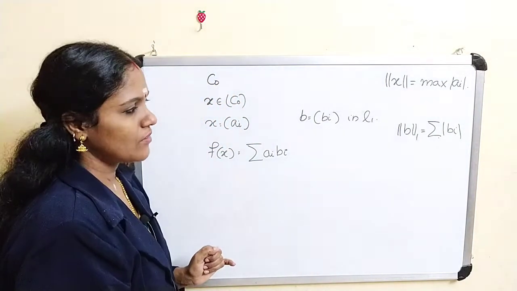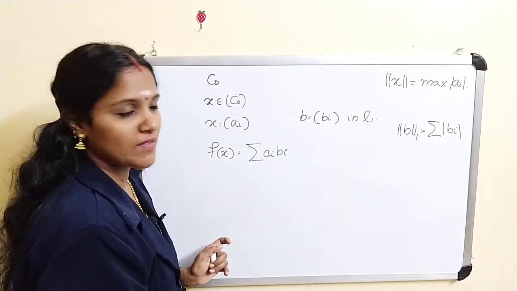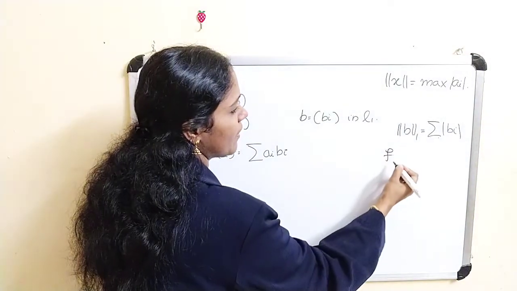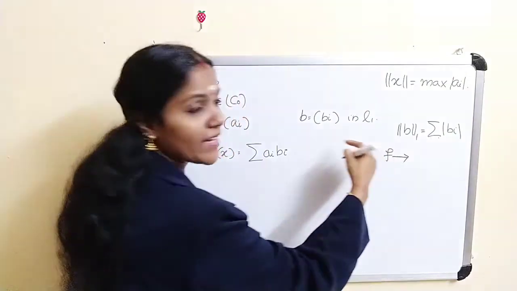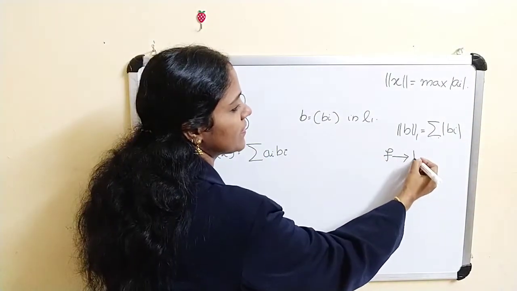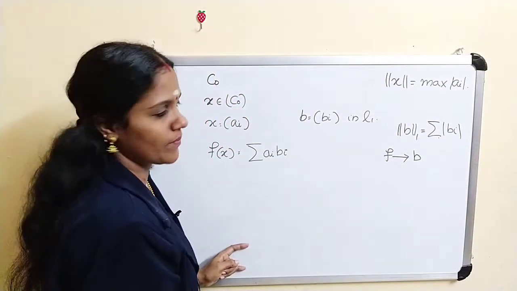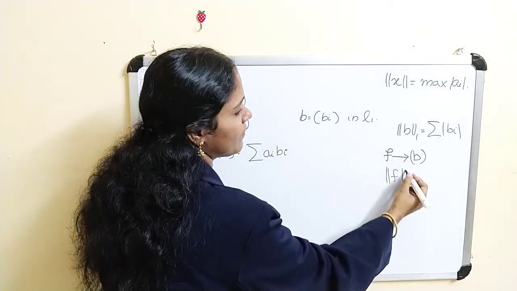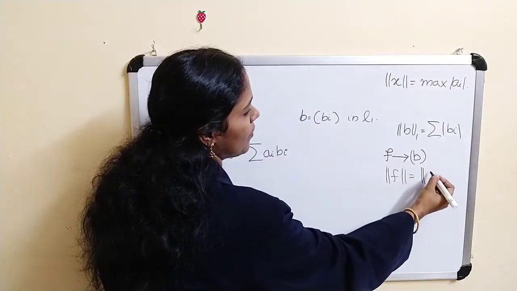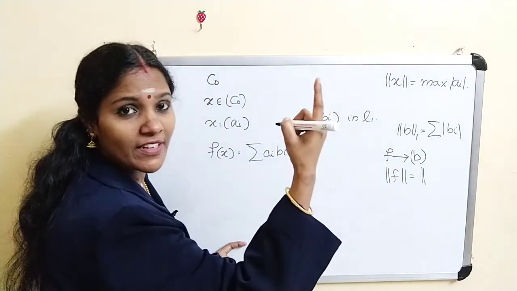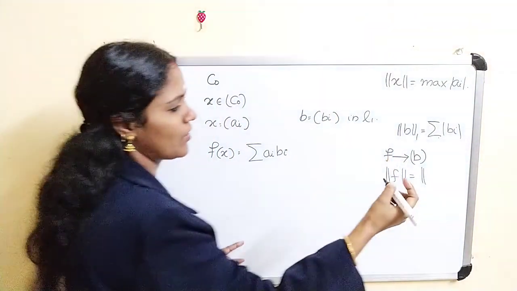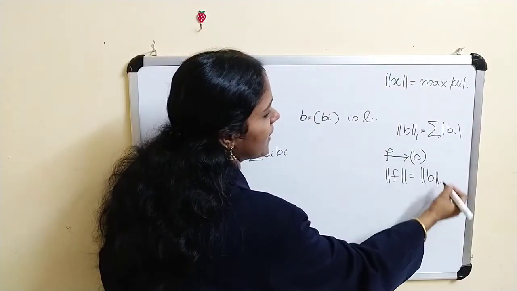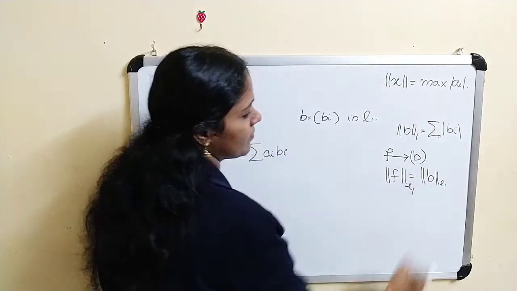Also by the Riesz representation theorem, for any f belonging to the dual there exists a y, and here for f we can identify this with this b. By the Riesz representation theorem, norm of f is the same as norm of y. Therefore norm of f is the same as norm of b, here the L1 norm.